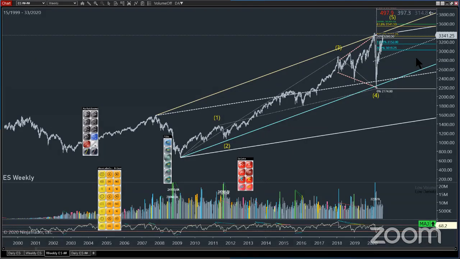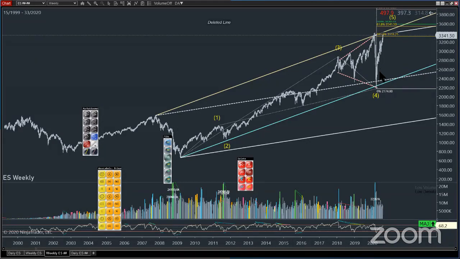That 61.8 is the typical end of wave 5. It's either 100% of wave 1 or 161.8 of wave 1 or 61.8 of 1 through 3 or 78.6 of 1 through 3.